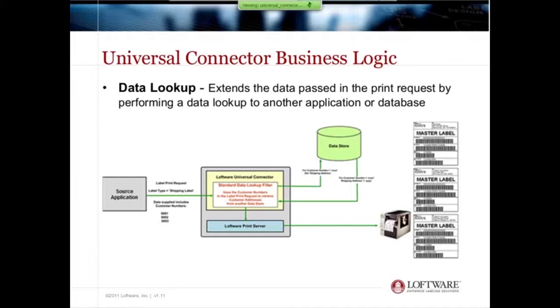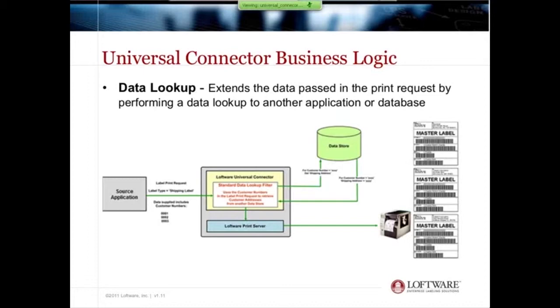So the original labels we're printing with particular information that we can then key off of as database key values, if you will, to go get that information out of the data store real time during the printing process, again, without having to modify the host application or change the files that are currently used to print those labels today.